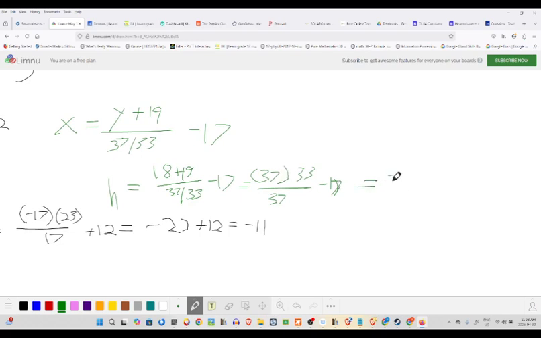So this is 33 minus 17, or 16. Again, if I write too quickly, this doesn't keep up.